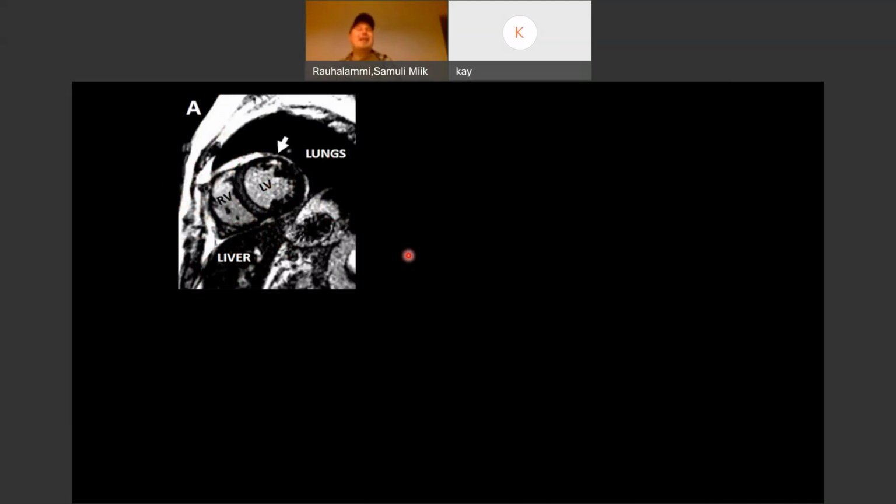So this image might seem a little weird because remember, we're looking at the heart at a particularly odd angle because we want to get these long axis slices against the long axis of the heart for the ventricles. You can even see some of the papillary muscles on this image, so it's a particularly good image.